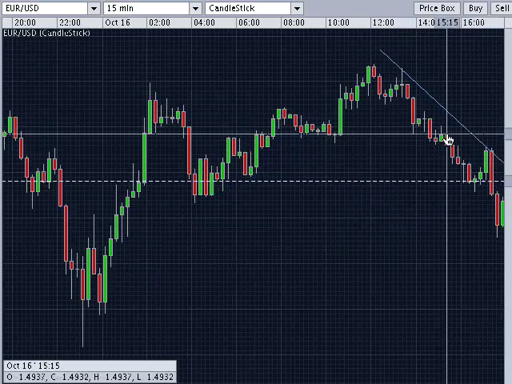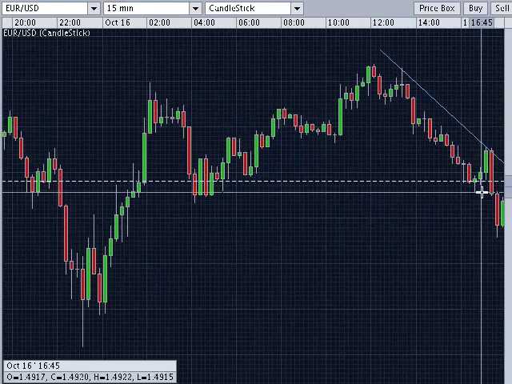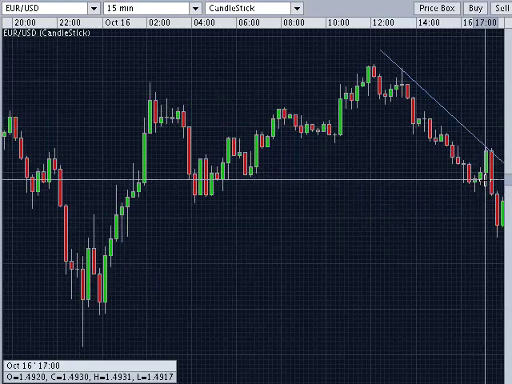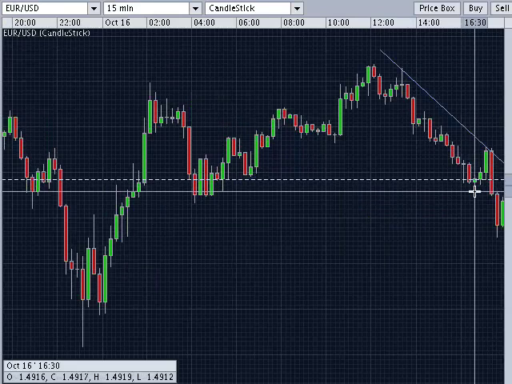Okay, so that's our upper trend line, now our lower trend line. This is a fractal right here because it has two higher lows on either side of the candle.